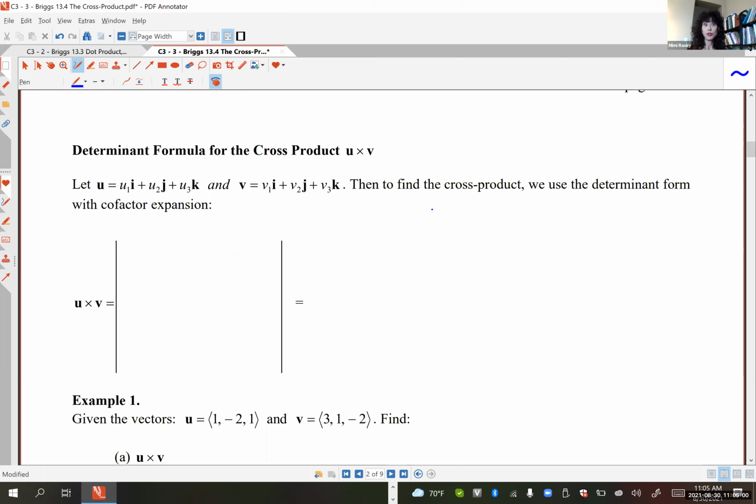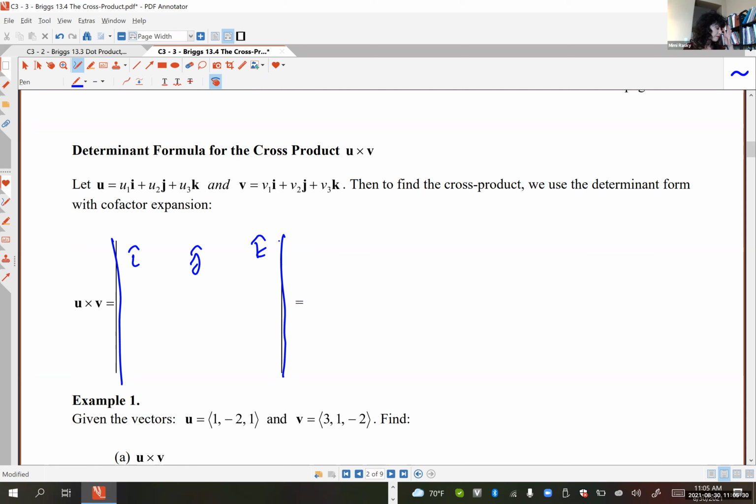I'm going to go over this from scratch. So you're going to see these big bars here. This does not mean absolute value, okay? But it's the way we denote determinant in mathematics. The very top row, you're going to put the standard unit vectors i, j, and k. And if I don't see this on your handwritten paper, like you go, oh, I know it's there, and you neglect to write it, you will lose points.